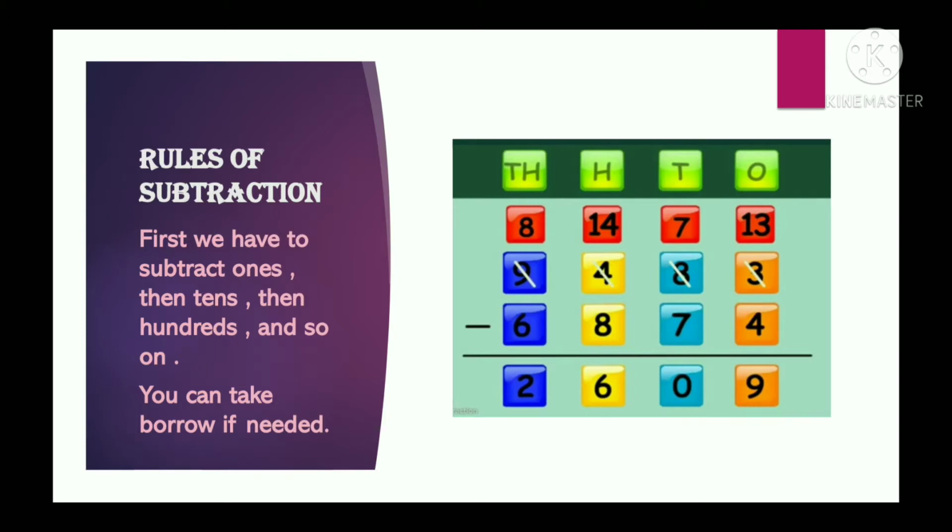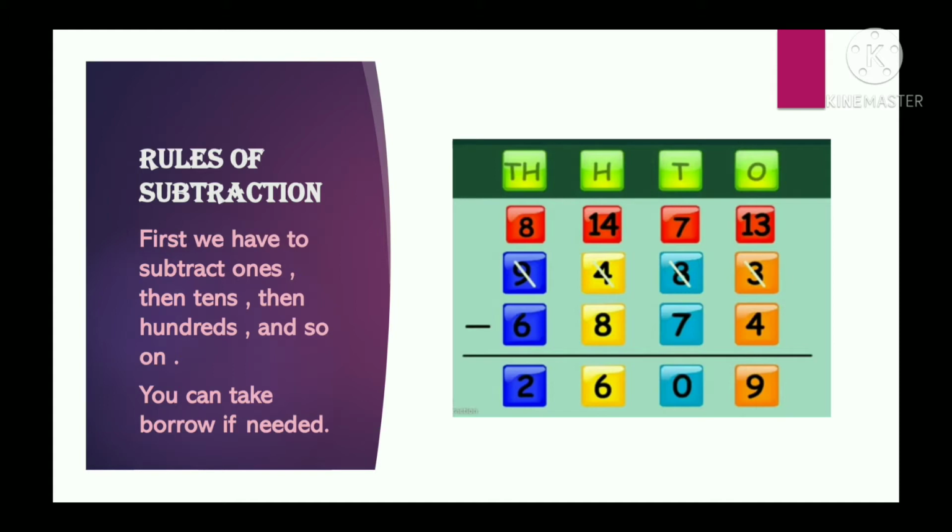Now you can subtract 13 minus 4. So after subtracting, you will get 9. Now the tens place is 8, which has given borrow to ones place, so it becomes 7. Now we will subtract 7 minus 7, so we get 0.